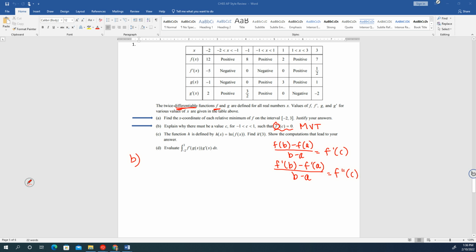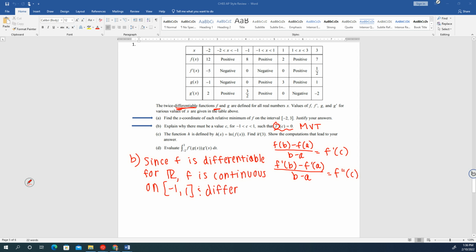So all you need to say is, since f is differentiable for all real numbers, f is continuous on the closed interval, -1 to 1, and differentiable on the open interval, -1 to 1.